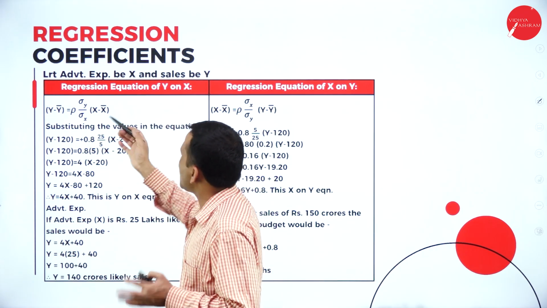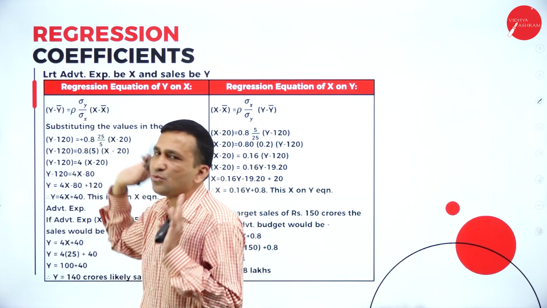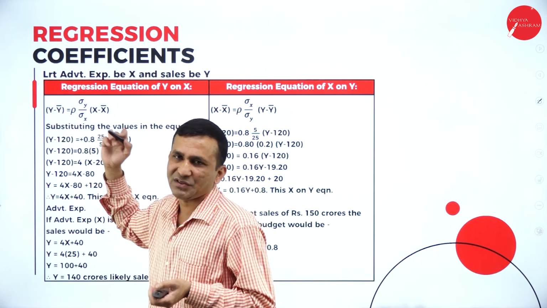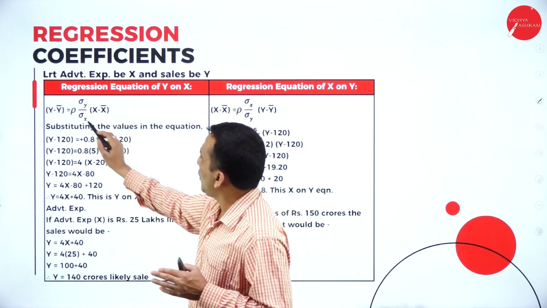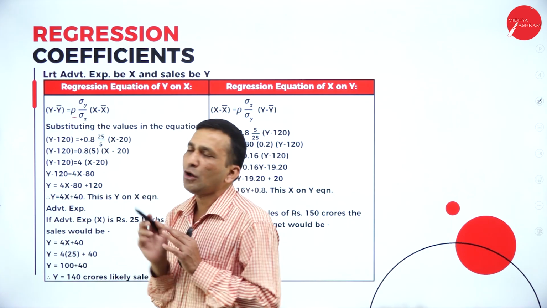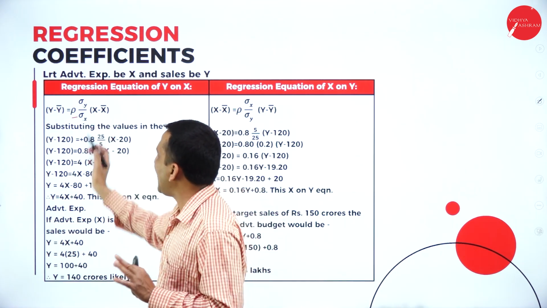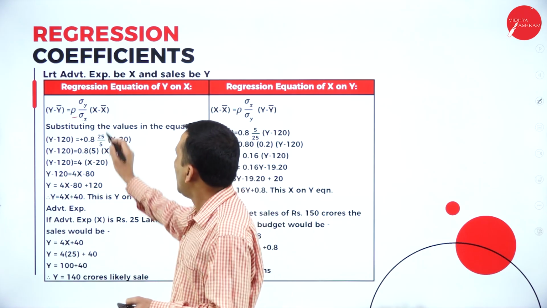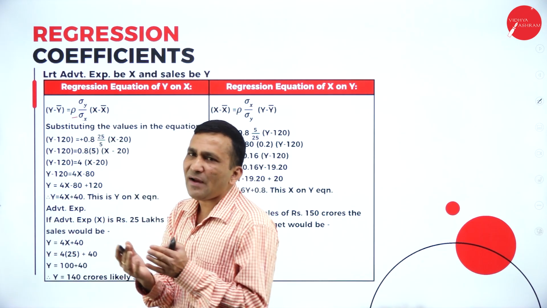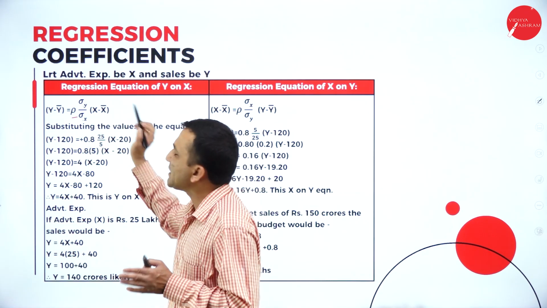So y on x means you always write y minus y bar. Y bar is given in the question, and the coefficient value is also given. The standard deviation of y and the standard deviation of x are also given. The x value is simply the x bar value.